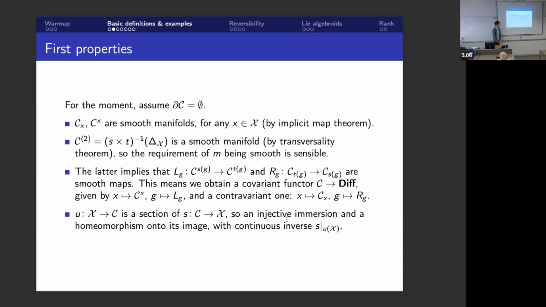Because this is a section of a smooth submersion, the unit map is an injective immersion, and a homeomorphism onto its image because it has a continuous inverse. So we can actually see objects of our Lie category as if they were embedded as units.